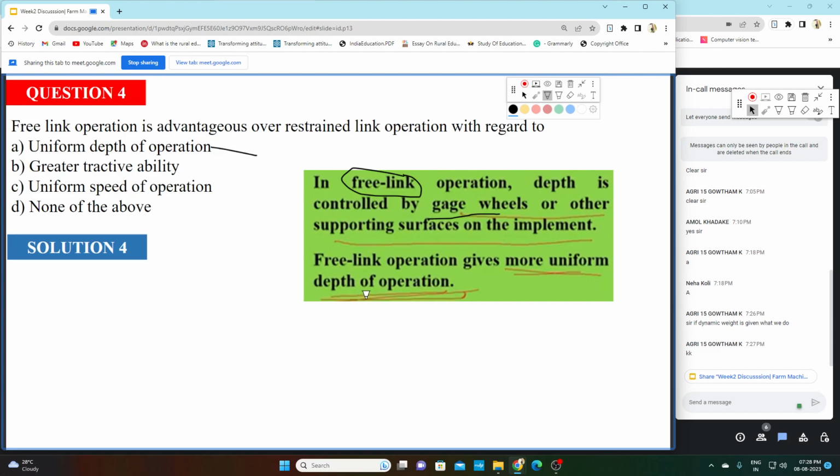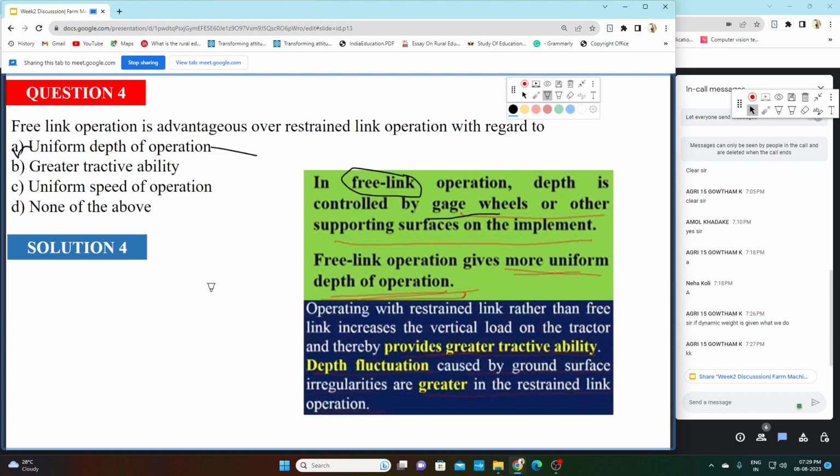So what is the advantage of the free link? It gives more uniform depth of operation. So your answer is A. Now if I compare it with the restrained link operation, where you connect all three links, there is more load on the tractor, because you have already attached all the links of the implement with the links of the tractor, so it provides greater tractive ability.